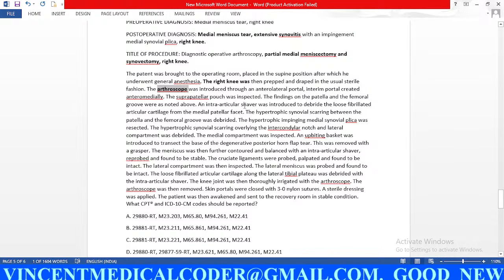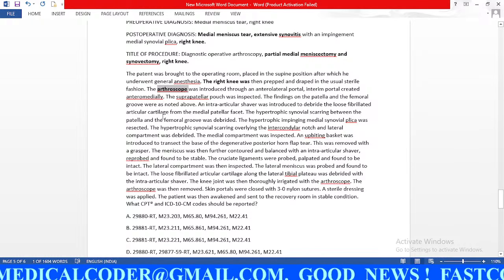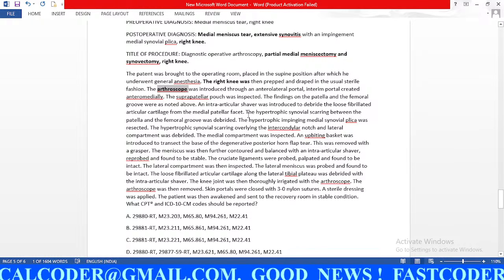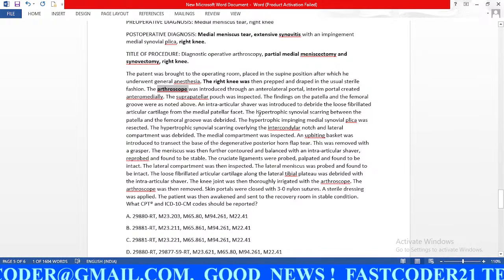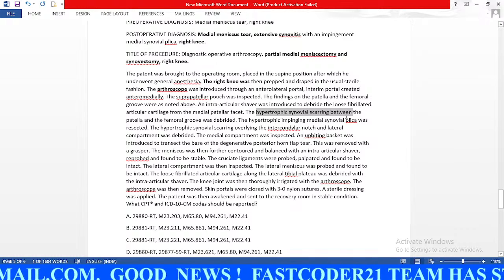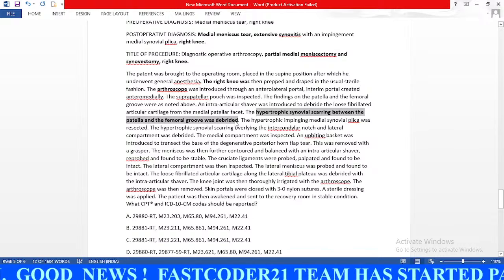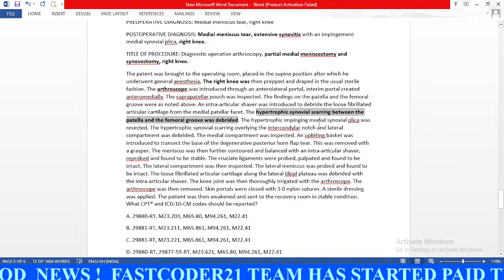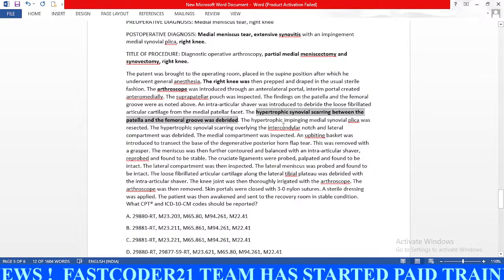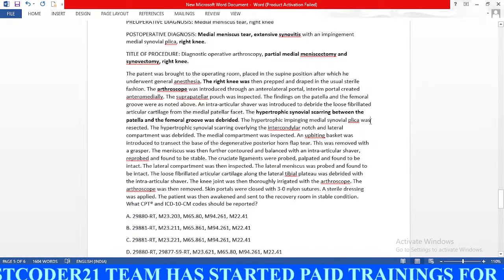An intra-articular shaver was introduced to debride the loose fibrillated articular cartilage from the medial patellar facet. The hypertrophic synovial scarring between the patella and the femoral groove was debrided. So this is also an important keyword. The hypertrophic impinging medial synovial plica was resected. We can consider it also a keyword.